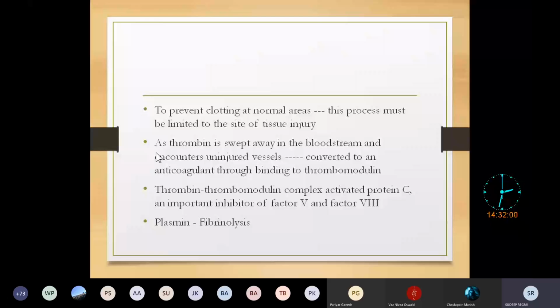So to prevent clotting at the normal areas, this process must be limited at the site of the injury. And this is done by the thrombomodulin.